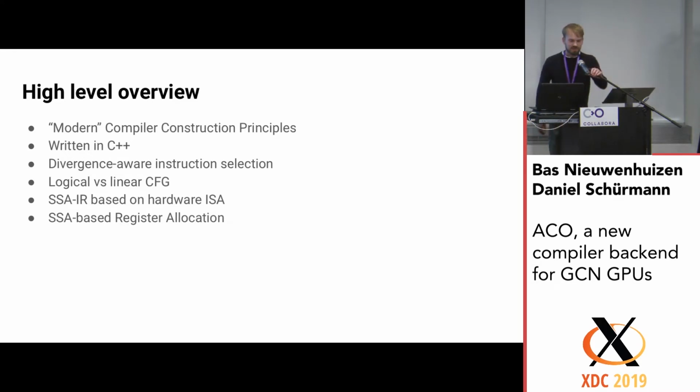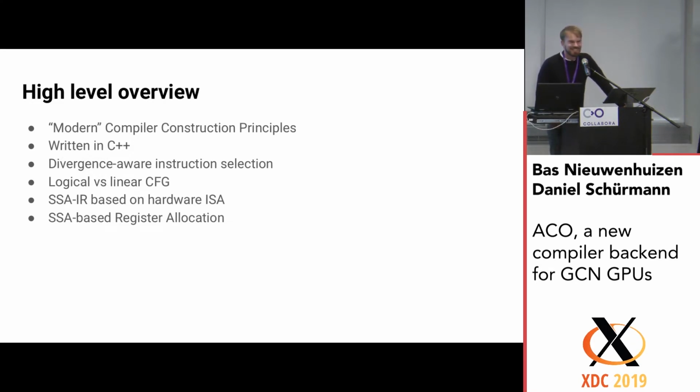Hello. What I'm going to talk about is how ACO works internally now. We try to base ACO on modern compiler principles. So what does modern compiler principles mean? Well, basically that the concepts we are using are only 20 years old and not 40 years old.